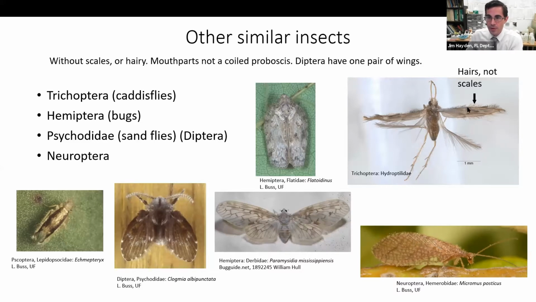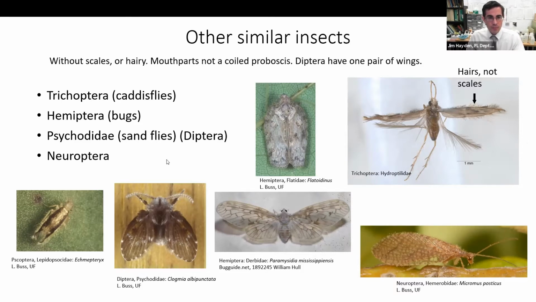But once you get them under the microscope, you can see that they're actually hairs. They're not flat. They're not spatulate. These things also have mouth parts that are different. They're not a coiled tongue. The mouth parts might be for chewing. They might be for sucking, but they're not like a lengthy rolled up coiled thing.